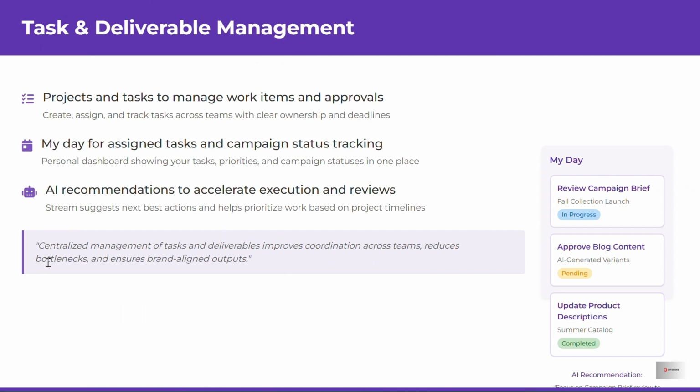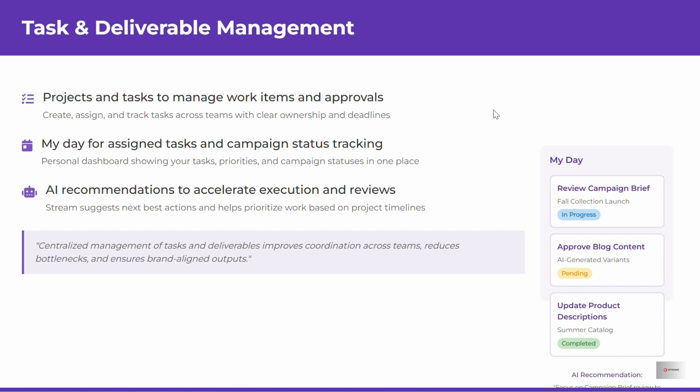So again, the centralized management of these tasks and deliverables will improve the coordination across the team, reduce the bottleneck, and ensure sprint aligned output. So the project you create, assign, and track the task. You create the task, and then you can track and assign them to the individual team member who has the clear ownership. And again, you can set the deadline of the task.